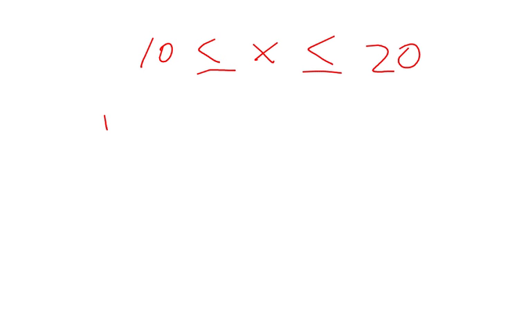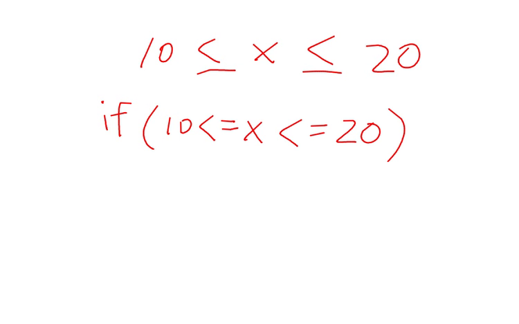So let's say I want to check whether some variable x is between, let's make up some range, 10 and 20 inclusive. Well, C++ will not allow you to do this. I cannot say if 10 less than or equal to x less than or equal to 20. C++ won't allow for this.